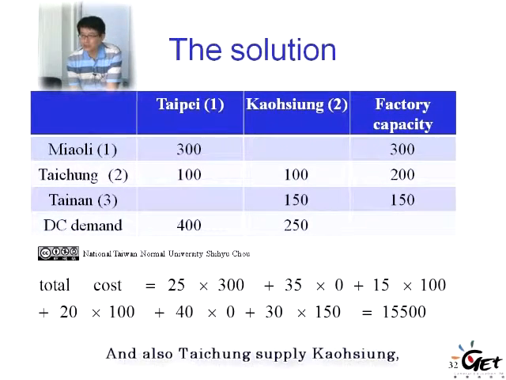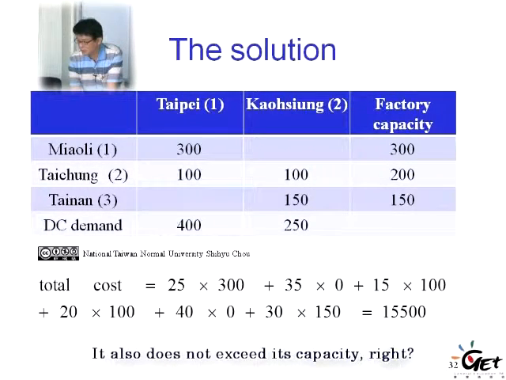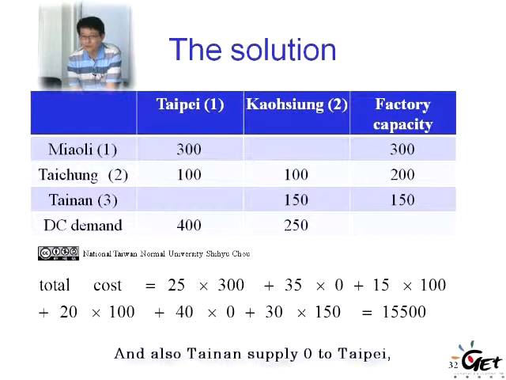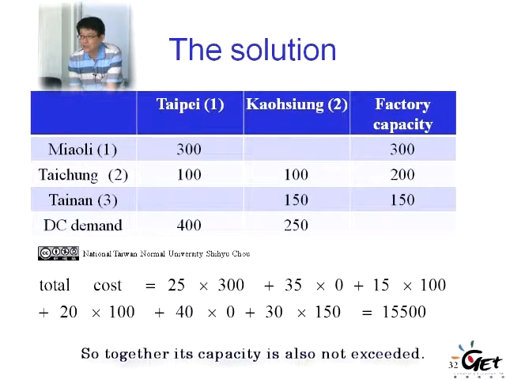And also Taichung supplies Taipei 100 units and supplies Kaohsiung 100 units. Together, the sum is 200. Also does not exceed its capacity. And also Tainan supplies 0 to Taipei and 150 to Kaohsiung. So its capacity is also not exceeded.